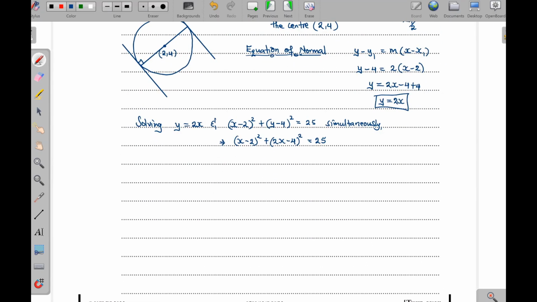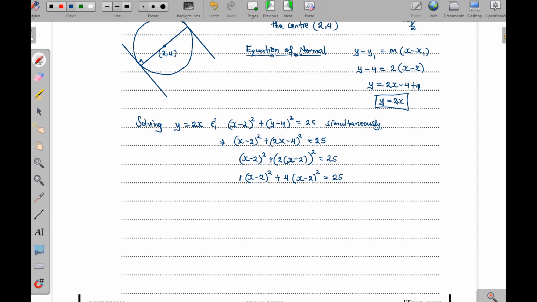Now you can expand, then you have the quadratic equation. But what I'm going to do, I'm seeing something common here. If I factorize out a 2 here because it is common, I'll have 2 squared, which is 4, times (x minus 2) squared, plus the other (x minus 2) squared, which is equal to 25.